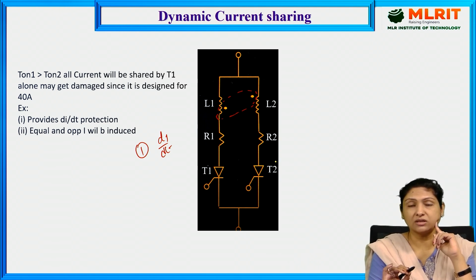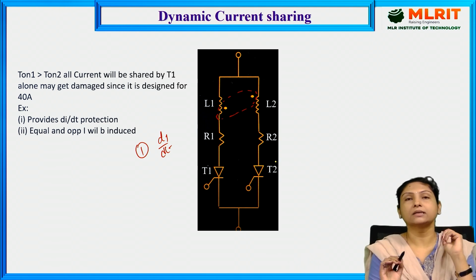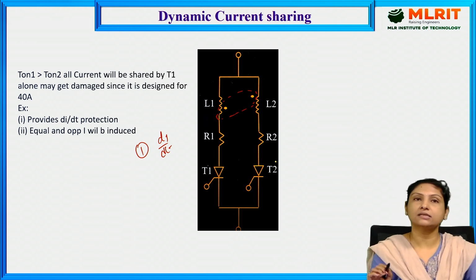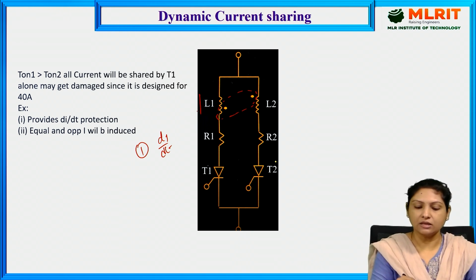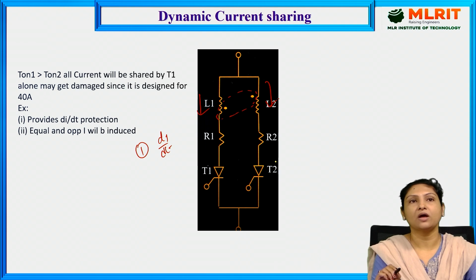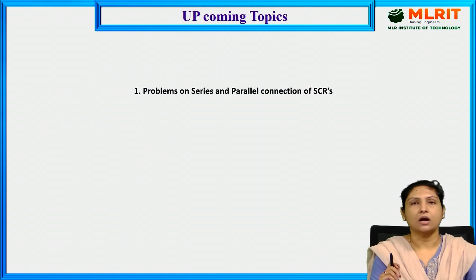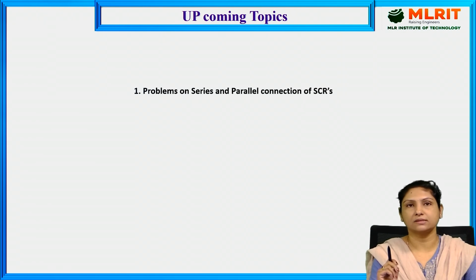Thereby, balance in the current in both the SCRs is achieved, and we are protecting the thyristors from damage. This is dynamic current sharing. In the next video, we will see problems on series and parallel connection of SCRs. Thank you.